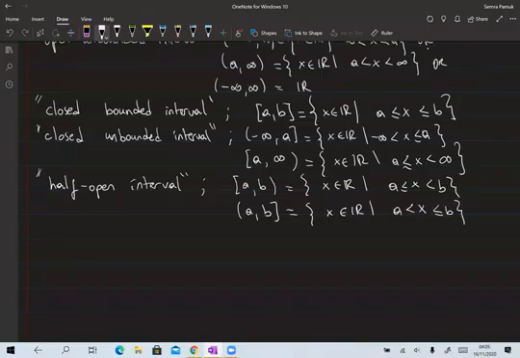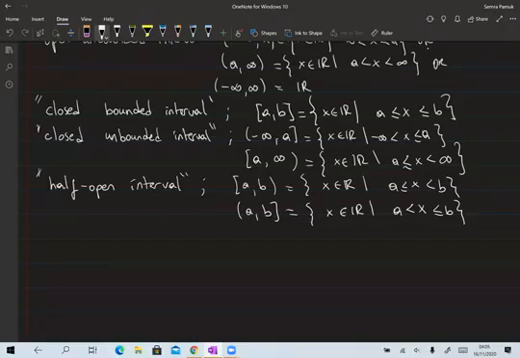Okay, so these are the intervals. Probably you already know them, but just to go over them one more time. By the way, this infinity is not a real number. It is just notation for going to infinity. So it's not a real number.